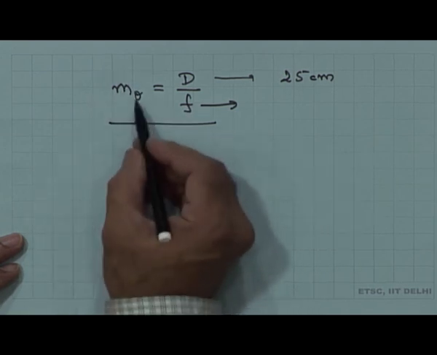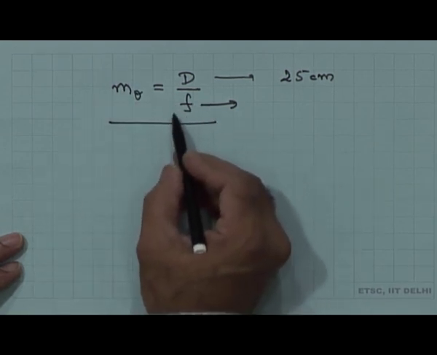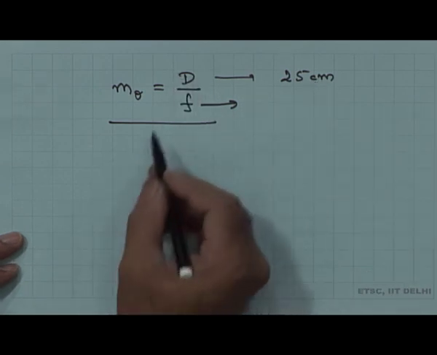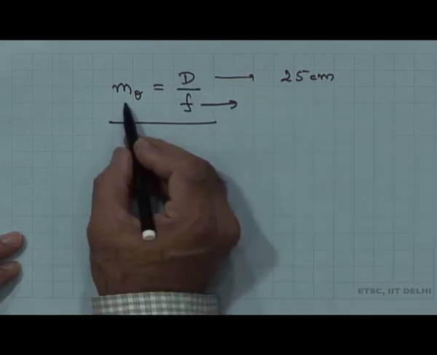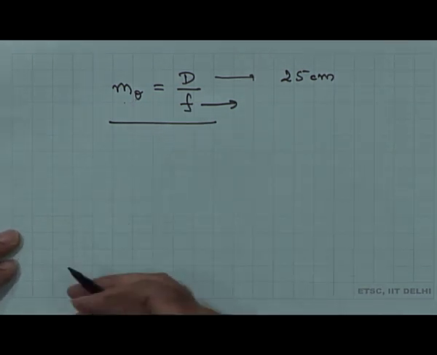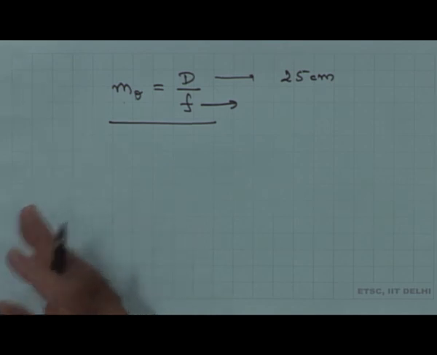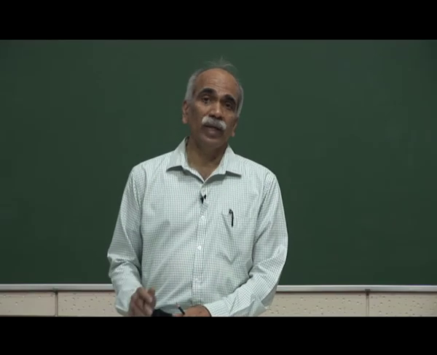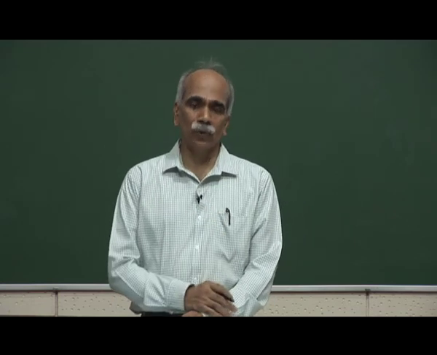Of course, the angular magnification will be larger if the focal length is smaller, because d is fixed at about 25 centimeters, so the smaller the f, the larger the angular magnification. But for practical reasons f cannot be reduced beyond a certain limit, and therefore f is generally about 3 to 4 centimeters.